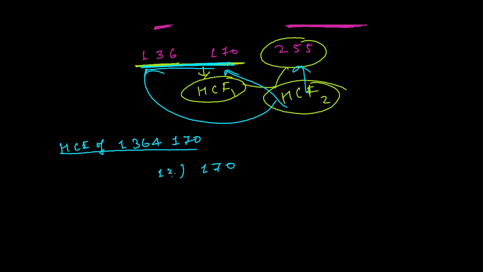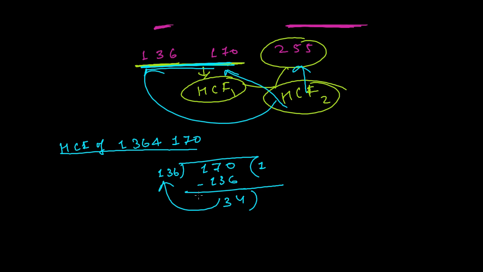I have to divide the bigger number by the smaller number. So 136 times 1, you'll get 136, and the remainder is 34. Now you know that we always divide the initial divisor by the remainder.